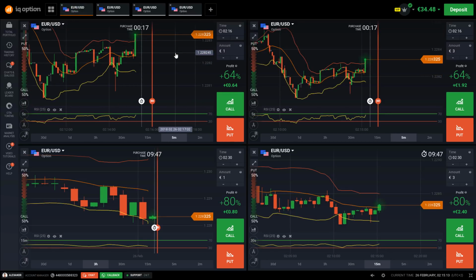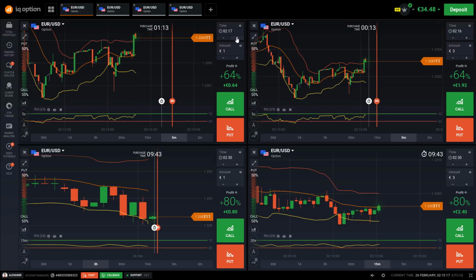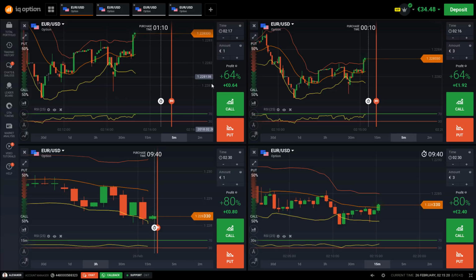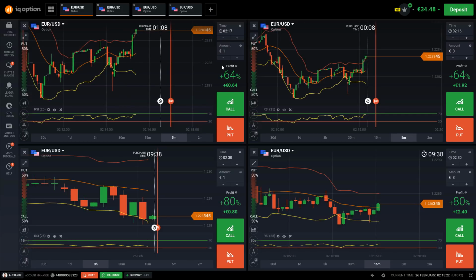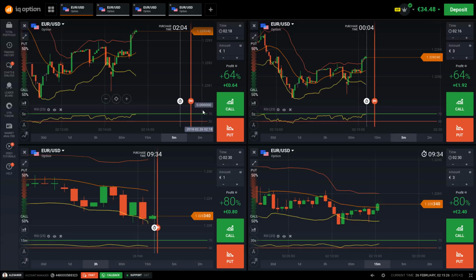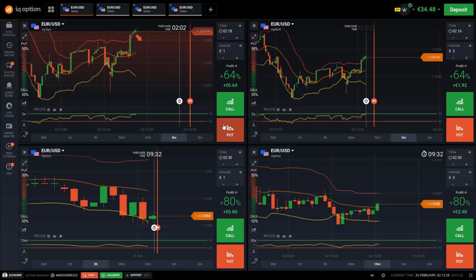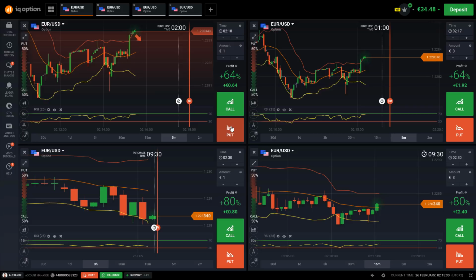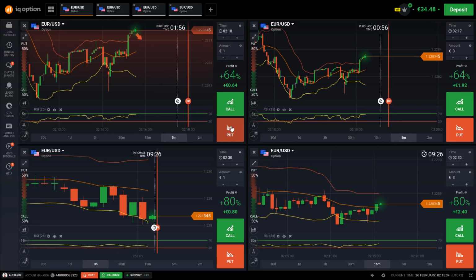Now the next one. Okay, now green grew with a spike. This is a little tricky one, so I gave a little longer expiry, 3 minutes, and opening the first position.